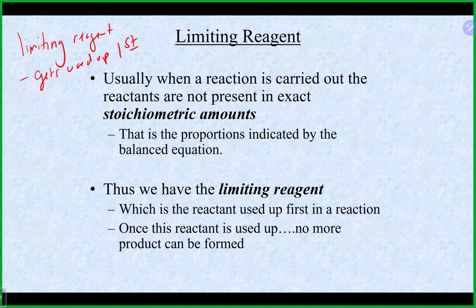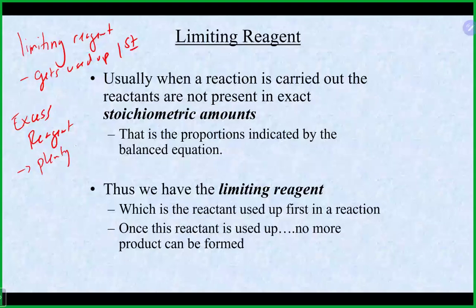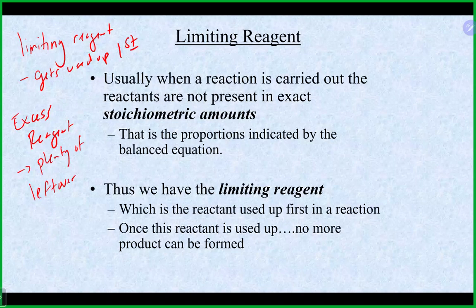There's also a reagent that's referred to as the excess reagent. That one you have plenty of, and you actually have some of it left over when the reaction is done. So we have the limiting reagent that gets used up first in the chemical reaction. We have the excess reagent or reactant that's still there when the reaction's over with. You have plenty of it. You basically have leftovers of it when it's all said and done.